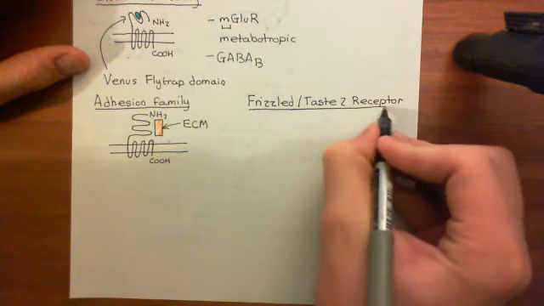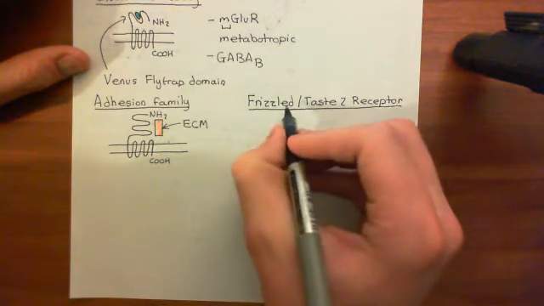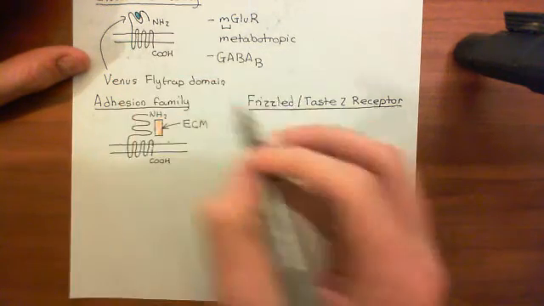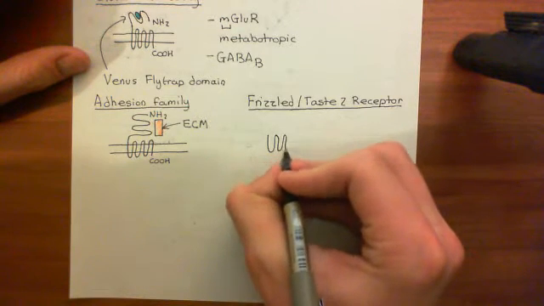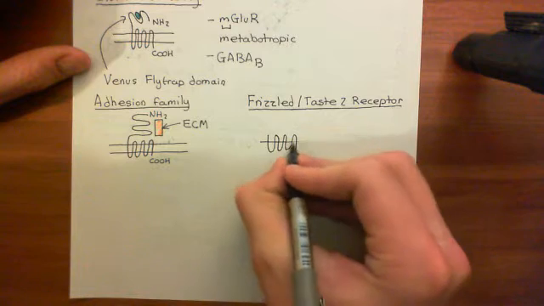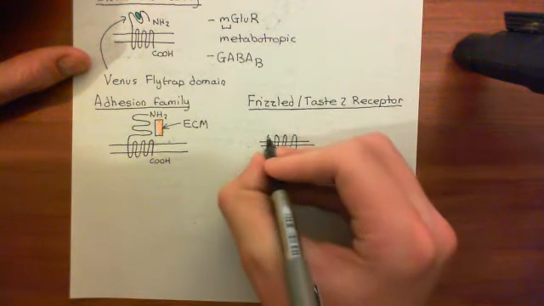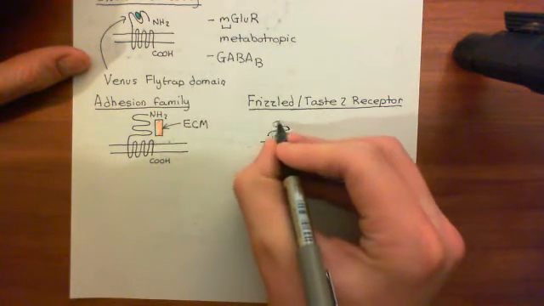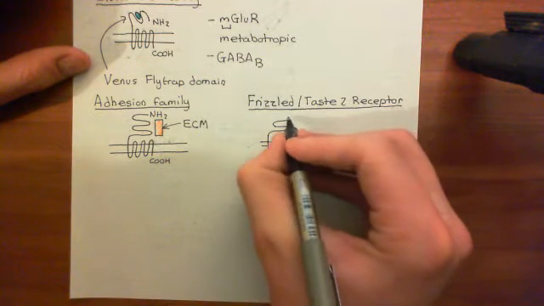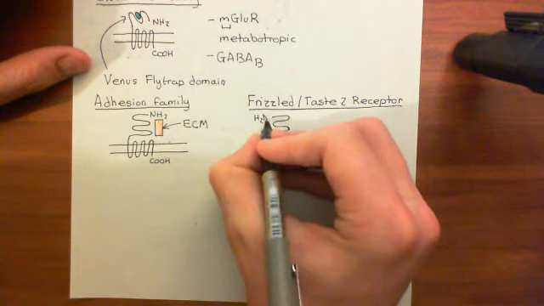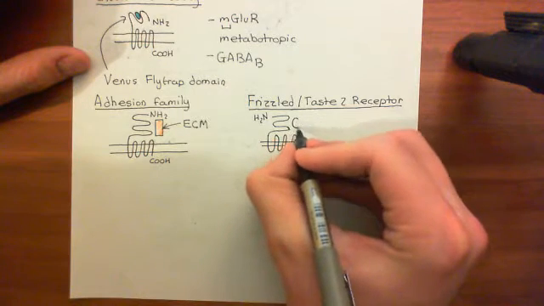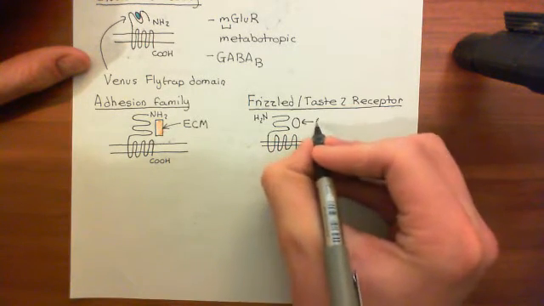Basically they bind their ligand extracellularly, but they don't have a venus flytrap domain. They're not rhodopsin family G protein coupled receptors because they don't bind it within the transmembrane domain. They bind it in the amino terminal domain, but they don't have the venus flytrap domain that the glutamate family G protein coupled receptors have. So here maybe is the ligand, like so.